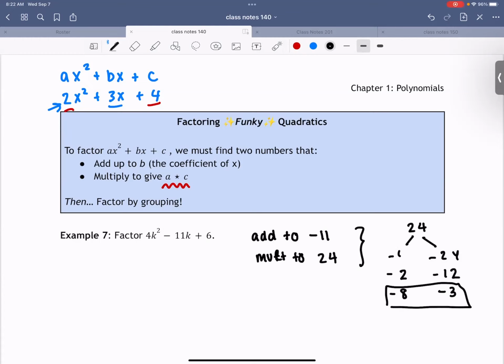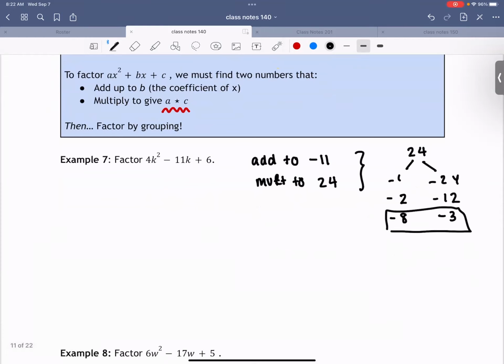Okay. Now we're not going to do the same thing we did with the simple quadratics. We're going to do something weird. And I know some of you can do this in your head, and that's totally fine if you can. I'm going to take our quadratic, 4k squared minus 11k plus 6, and I'm actually going to split up that -11k into two parts, -8k minus 3k.